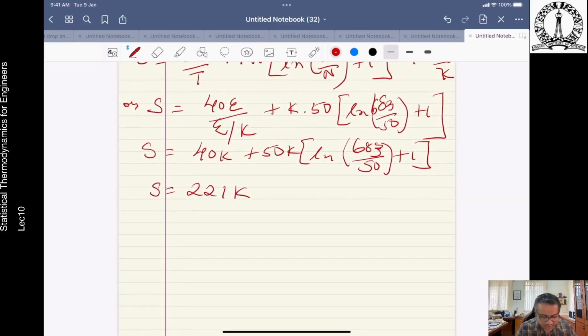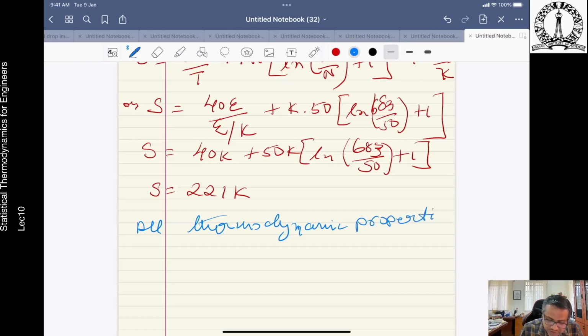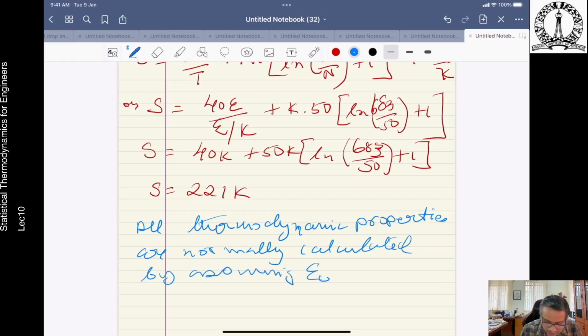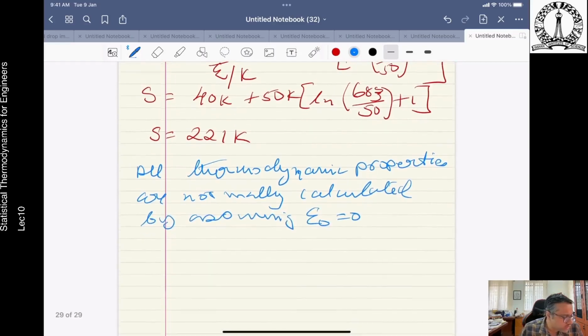So all thermodynamic properties are normally calculated by assuming E naught is equal to 0.